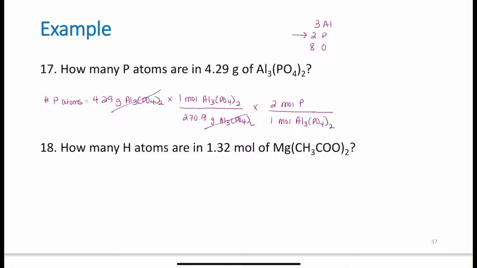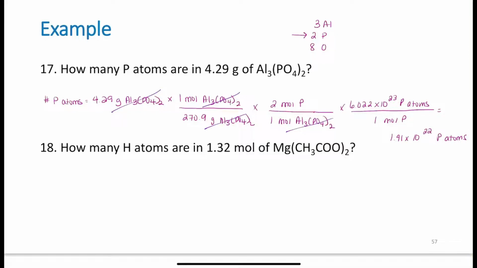Now that I've got moles of phosphorus, I can use Avogadro's number to find the number of phosphorus atoms. 6.022 times 10 to the 23rd phosphorus atoms to 1 mole of phosphorus. I keep saying phosphate, I apologize. It is phosphorus. Phosphate is PO4 3-. When I calculate this out, I get 1.91 times 10 to the 22nd phosphorus atoms.